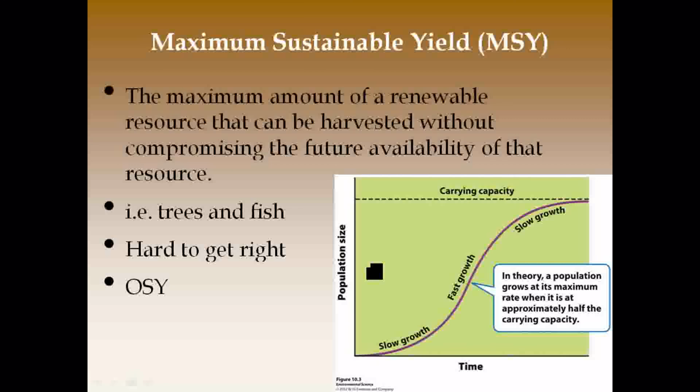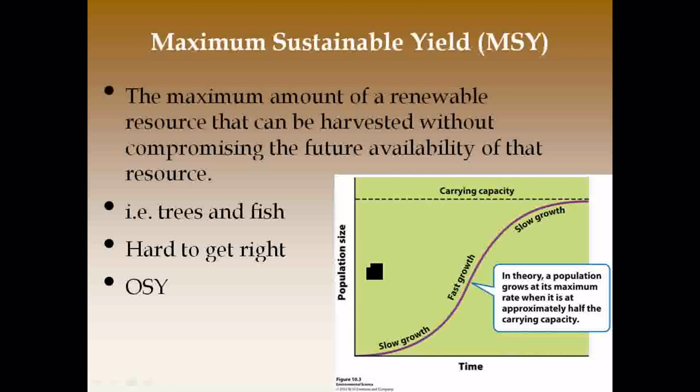All right, another interesting concept. I believe I introduced this topic to you before. It's the idea of maximum sustainable yield. I talked about it in conjunction with fishing. And the idea is that there is a maximum amount of a resource.